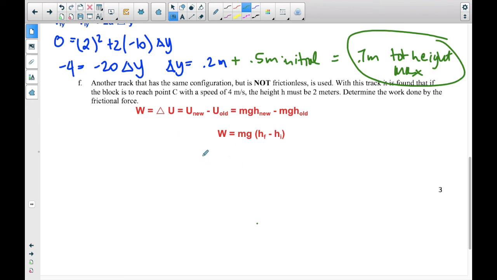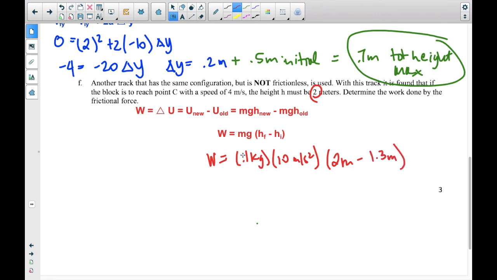So if that's how much we lost, all we have to do now is start plugging in some information. So our mass is 0.1 kilogram. Our gravity is 10 meters per second squared. And our height, well, we need it to be 2 meters. And originally we had it as 1.3 meters.